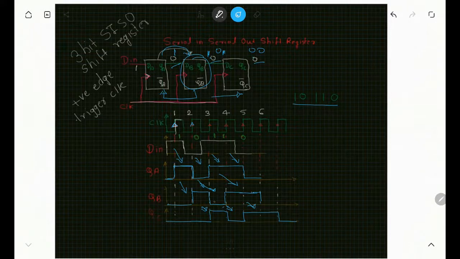It is shifted on each and every clock pulse when it becomes positive, which means it goes from the lower end to the higher end.